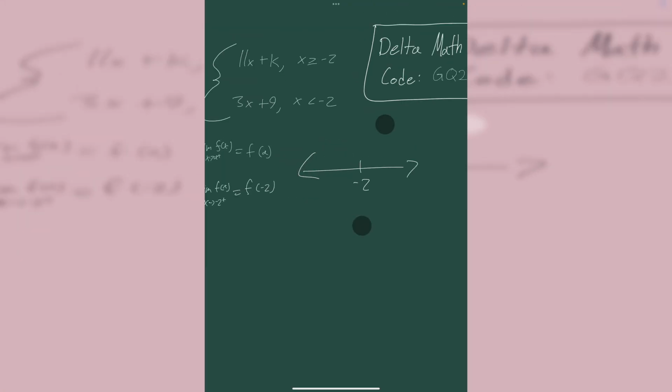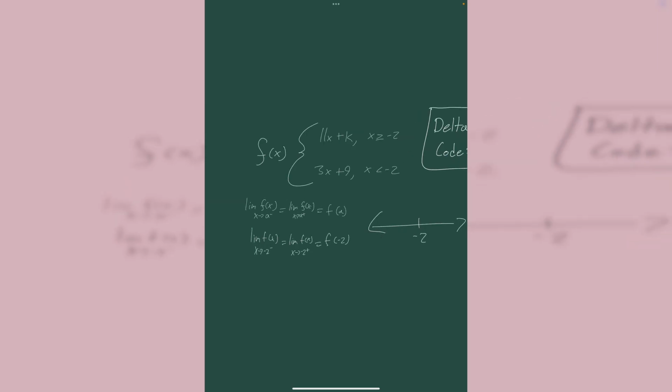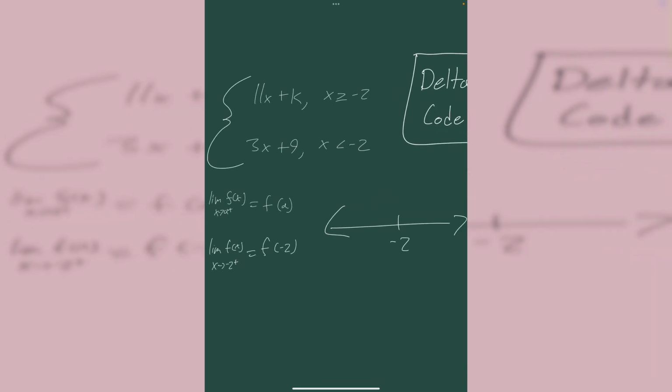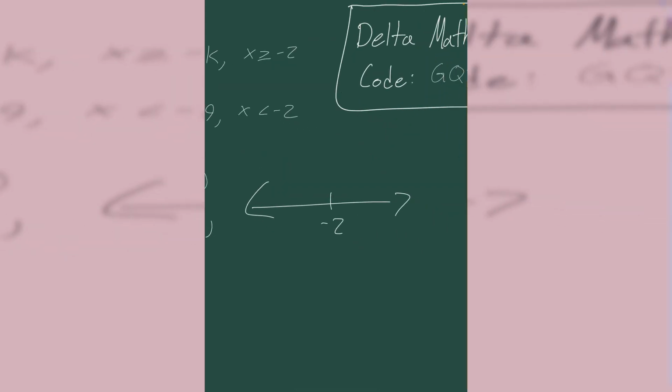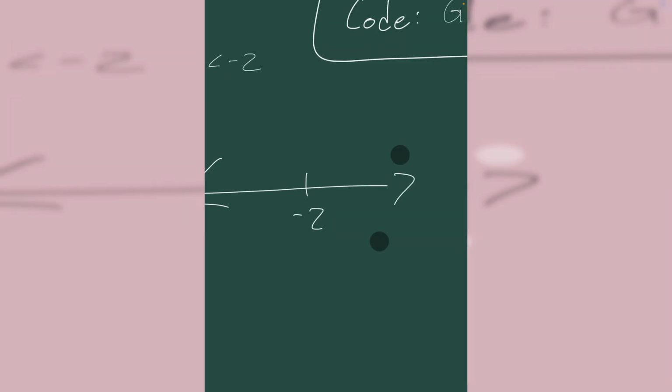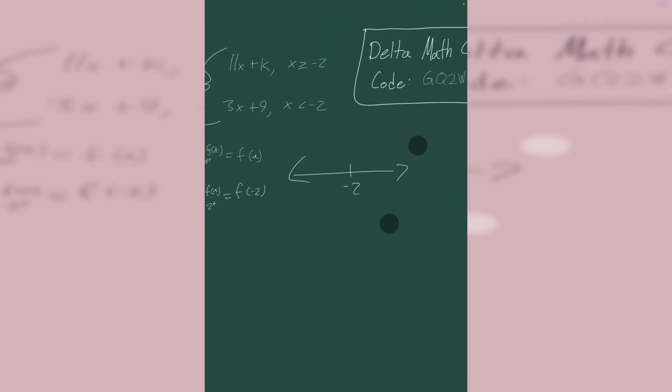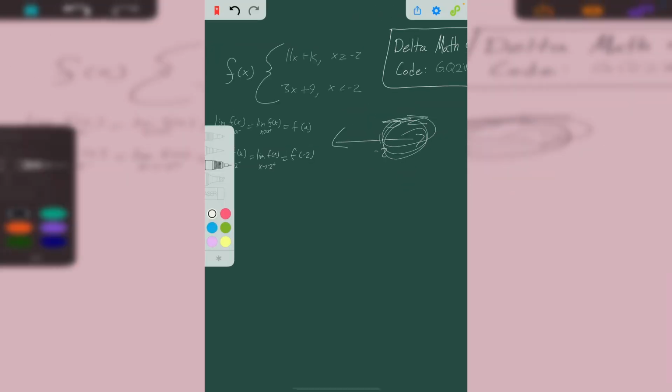Likewise, we know that 11x plus k is going to represent our function from the right side, because x is greater than or equal to negative 2. Here we can see that every value greater than negative 2 is to the right of negative 2, all the way to infinity.